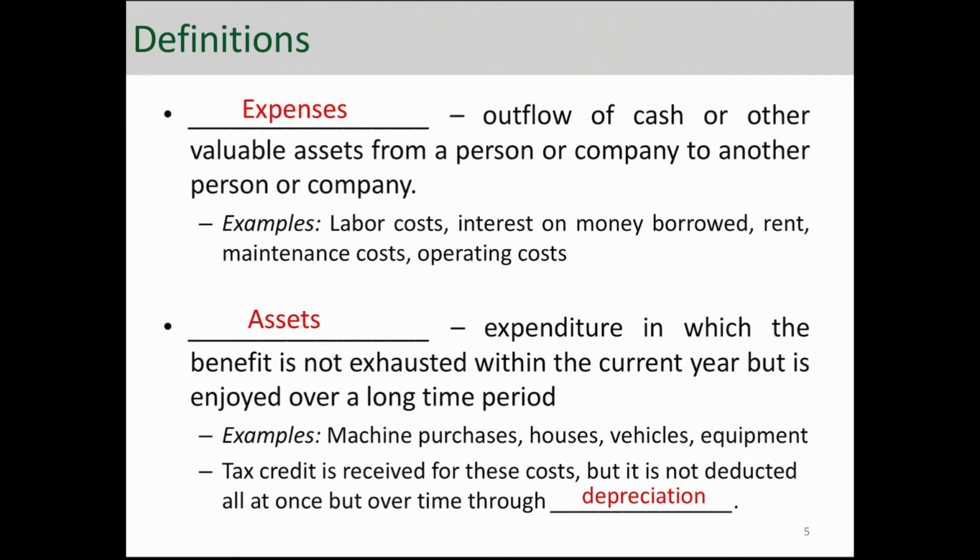What you can do is you can deduct $10,000 over, let's say, 5 years that you're going to use that truck. And every year you're going to deduct a little bit of that $10,000. And every year, what you're doing is you're claiming the depreciation of that truck, and you're receiving tax credit for that. And that is depreciation.